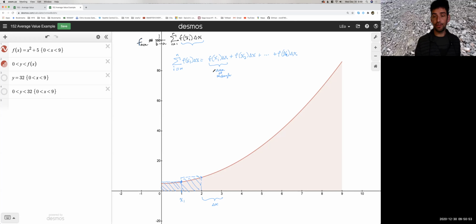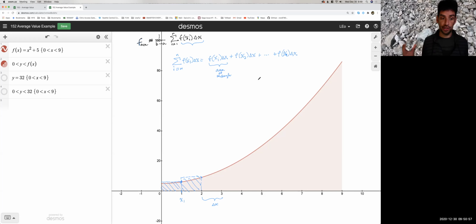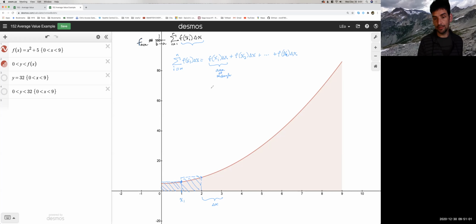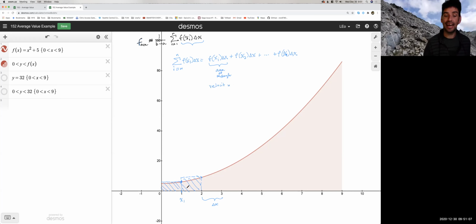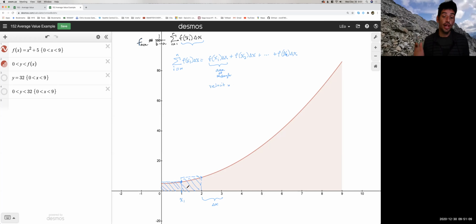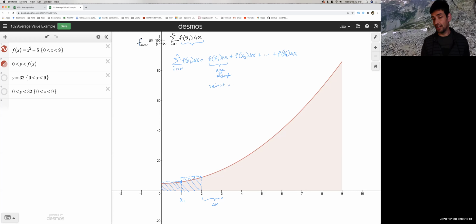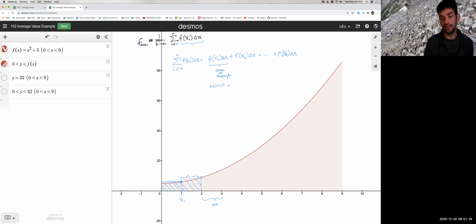Well, remember we're saying that f is the velocity of a function. We're taking the approximate velocity and multiplying it by delta x. That's an interval of time. So I'm pretending this particle, whatever it is, whose velocity is constantly changing, has a constant velocity on each interval.